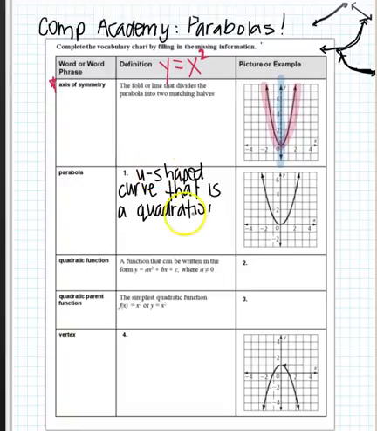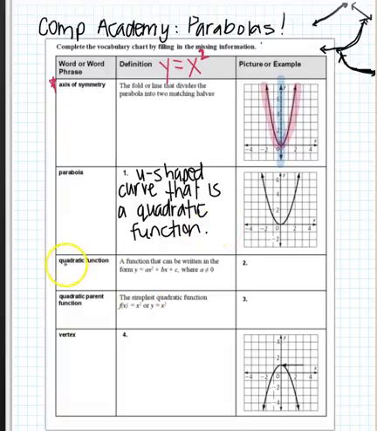Whoops, I spelled it wrong. Quadratic function. Okay, so it's a U-shaped curve. It's a thing like this. Now, it doesn't always have to point up. It can point down. It can point all over the place. So the definition of a parabola is it's a U-shaped curve that is a quadratic function.